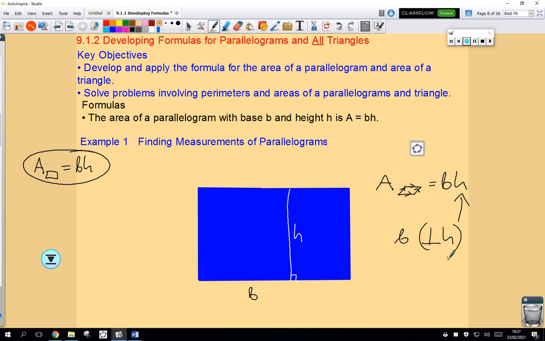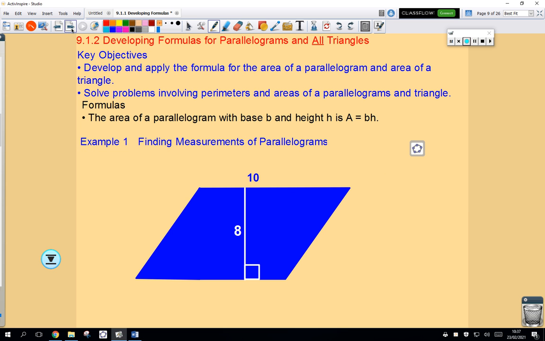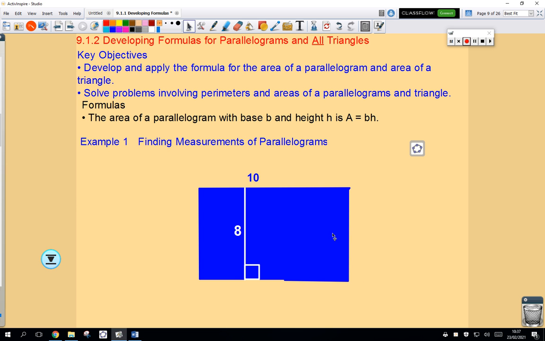But if you can visualize that every parallelogram can be cut and changed into a rectangle, this should make sense. So to find the area of this parallelogram, which has a perpendicular height of 8 units and a base of 10, all I need to do is cut off a piece and replace it, and I see I have a rectangle.